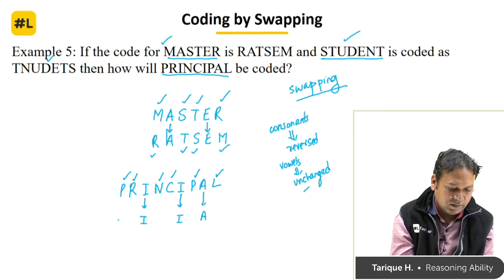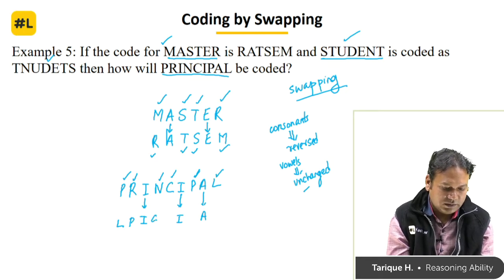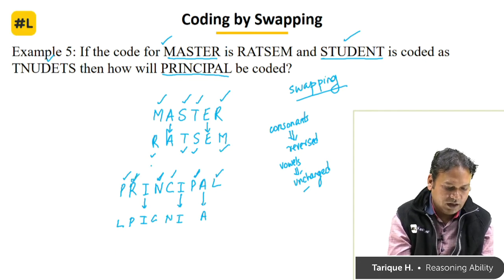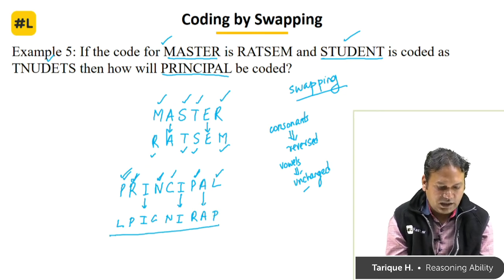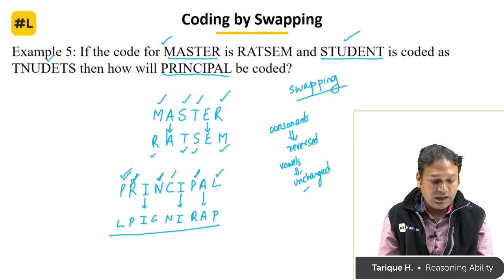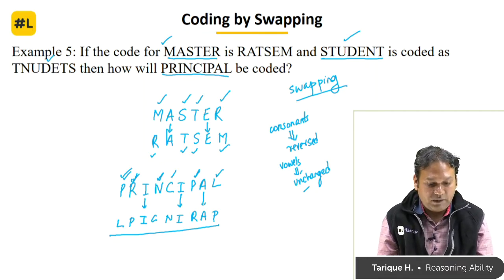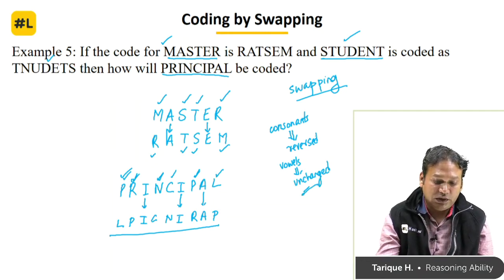First will be L, next P, followed by C, followed by N, followed by R, and the last position will be P. So this will be your answer: L, P, I, C, N, I, R, A, P, because the vowels remain unchanged and the consonants are reversed.